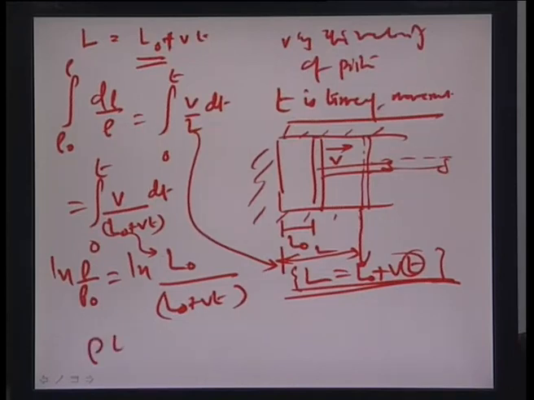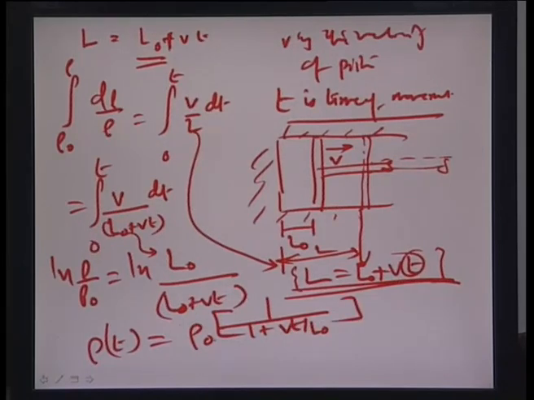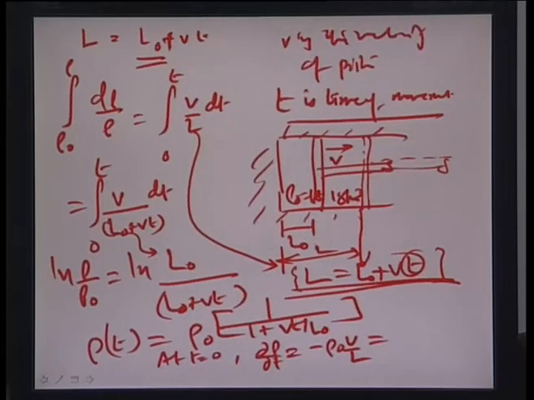Or in other words, the density as a function of time is equal to the density at time t equal to 0 times 1 by (1 plus vt by L0). So at time t equal to 0, as the second part of the question assumes, the rate of change of density ∂ρ/∂t would be minus ρ0 v by L0, with ρ0 already given as 18 kg per meter cube when the length is L0, 0.15 meter, and the velocity is 12.